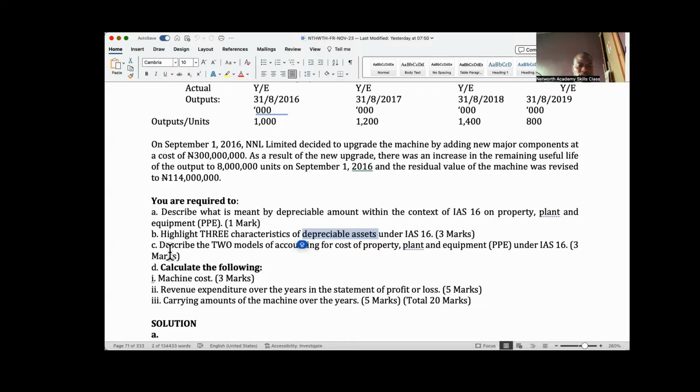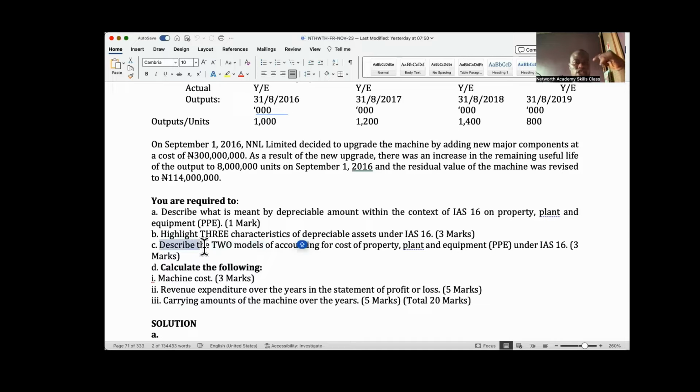So the next one is that they say we should describe 2 models of accounting for the cost of PPE under IAS 16. When they say 2 models, you should know that they are talking about the cost model and revaluation model. And I've told you, cost model is cost minus accumulated depreciation minus accumulated impairment losses.